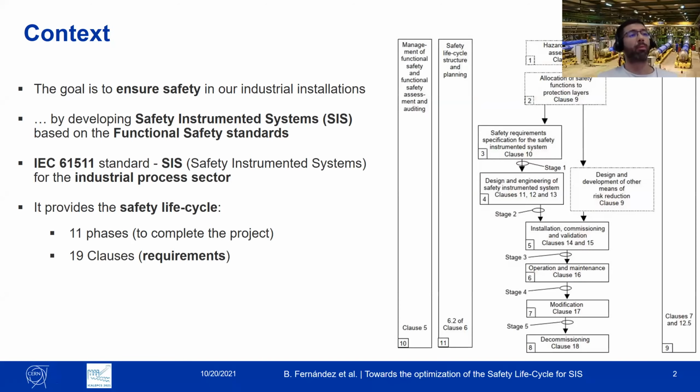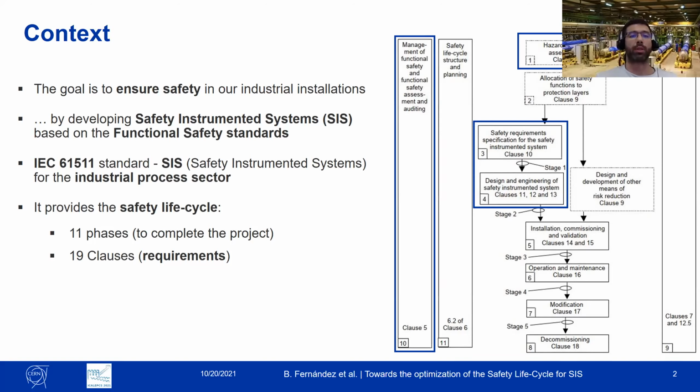This standard provides the so-called safety life cycle, consisting of 11 phases to complete the functional safety project, and all the requirements divided in 19 clauses, starting from the hazard and risk assessment phase towards the specification, the design and engineering of safety instrumented systems to the management of a functional safety project.